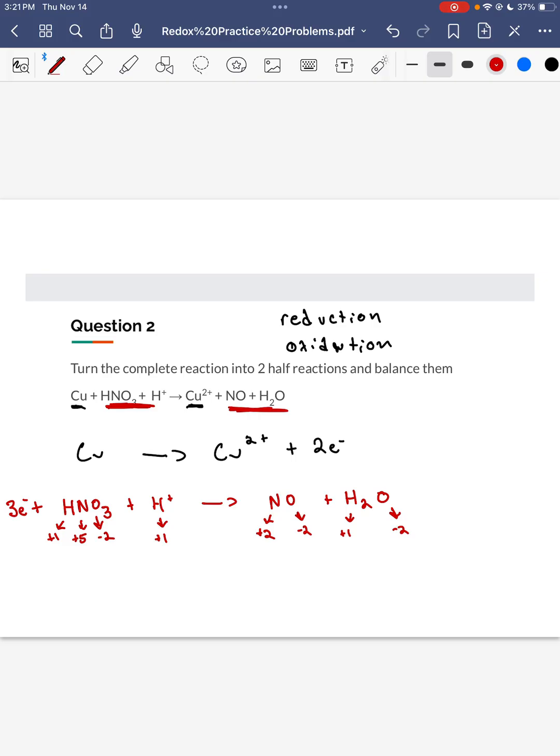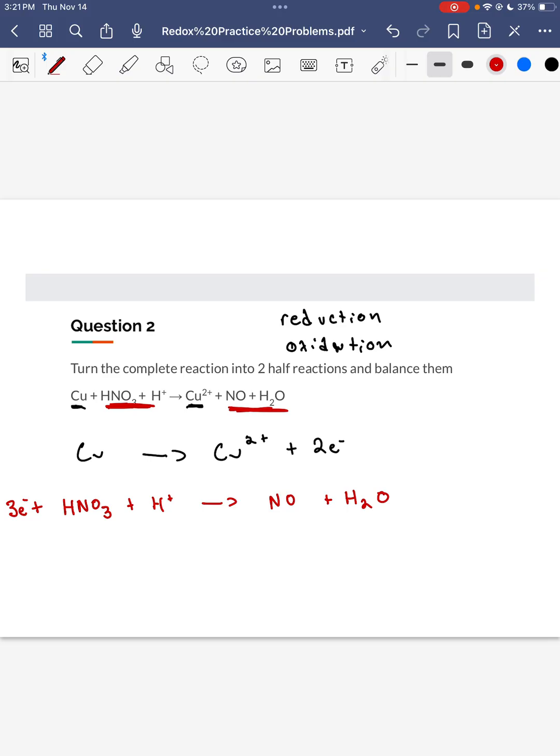So now I have my 3 electrons shown, but I do still have a big problem. That big problem here is that my bottom equation is just not balanced, right? I don't have a balanced bottom reaction, and that was part of the thing that it told us to do.